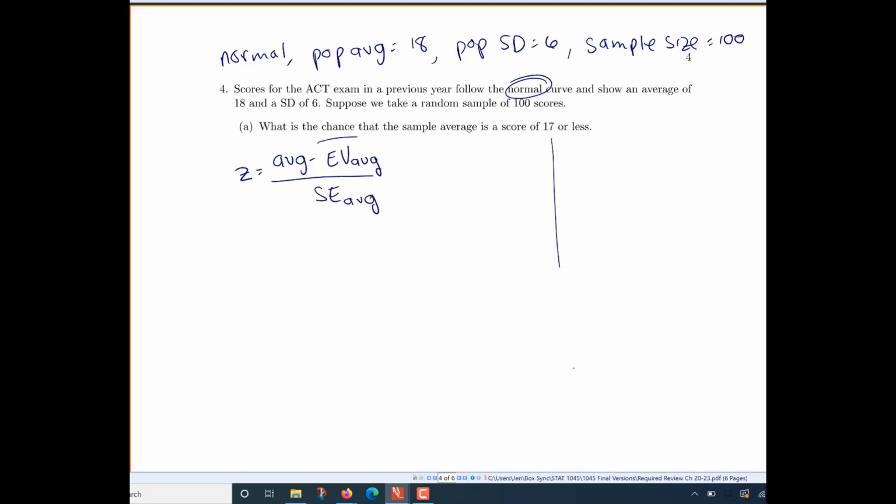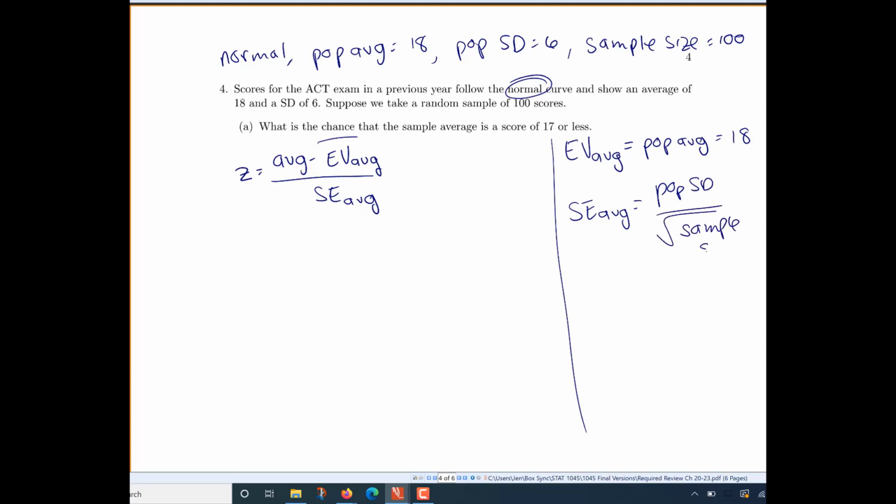Now, once you write that down, you realize, oh wait, we haven't found the expected value and standard error yet. So expected value is just equal to your population average, which is 18. And standard error for average is equal to your population standard deviation over square root of the sample size, which is 6 over square root of 100, which should give me 0.6.